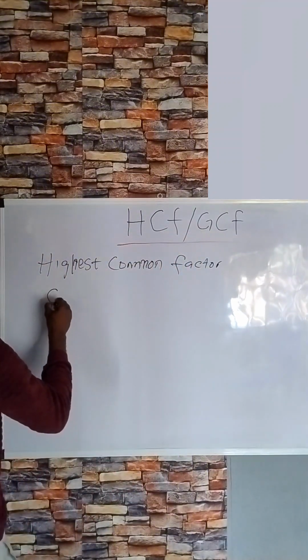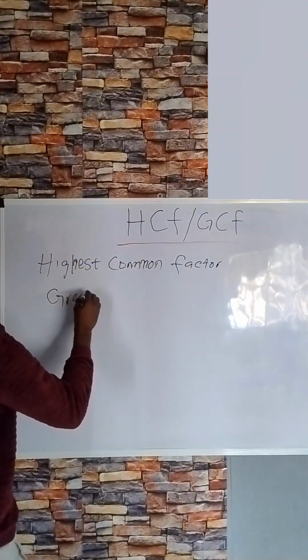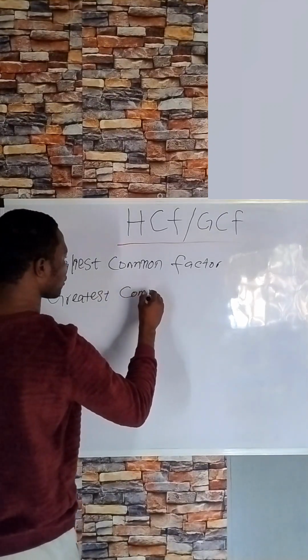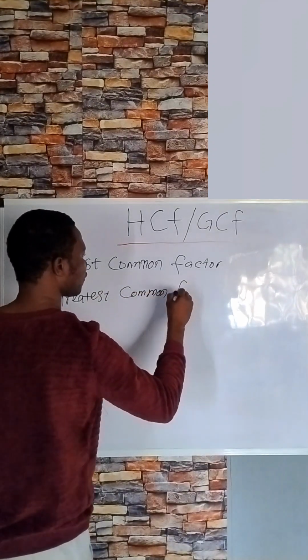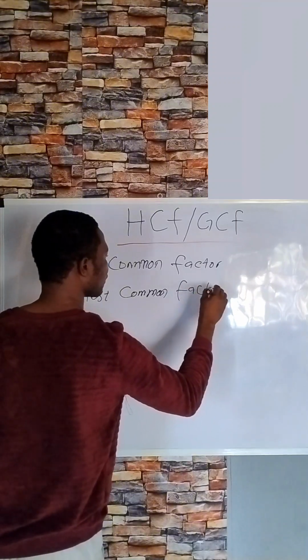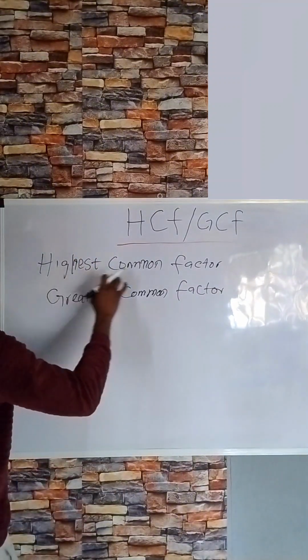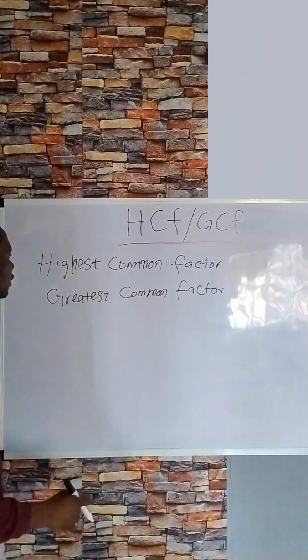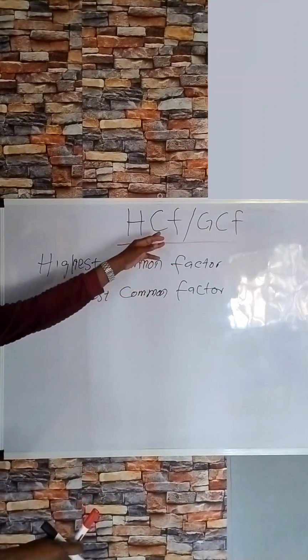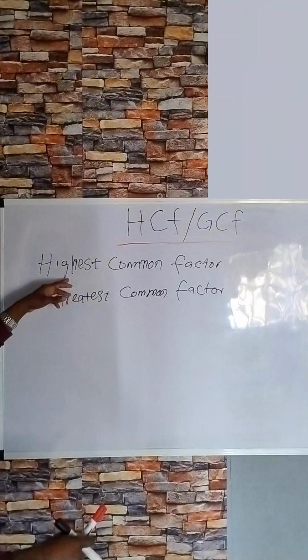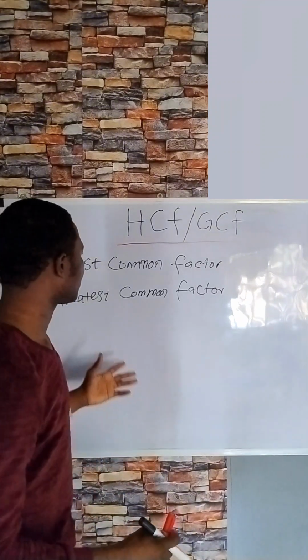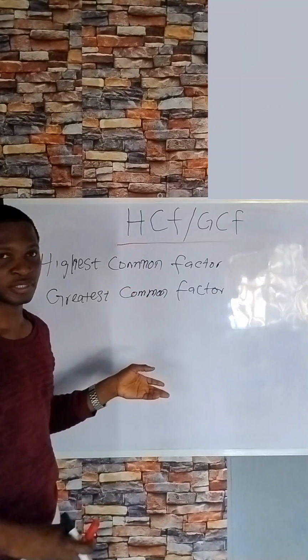GCF means greatest common factor. So just to clear the confusion, HCF is the same as GCF. So these are the meanings. They are just the acronyms of these, highest and greatest. Sometimes people confuse them, but they mean the same thing.